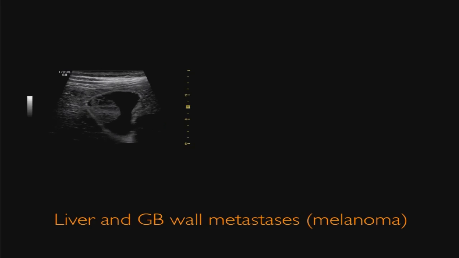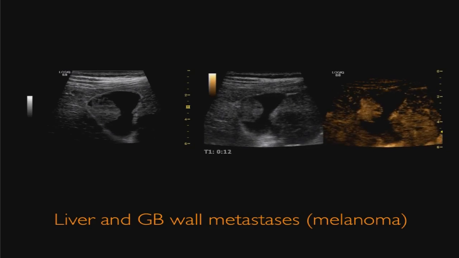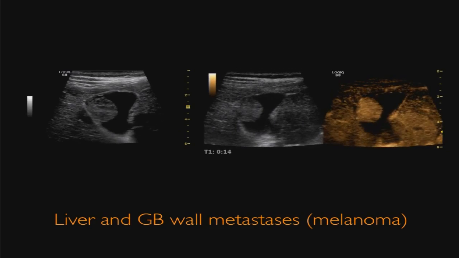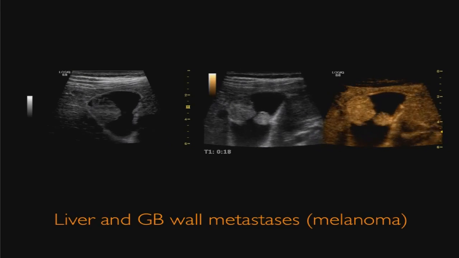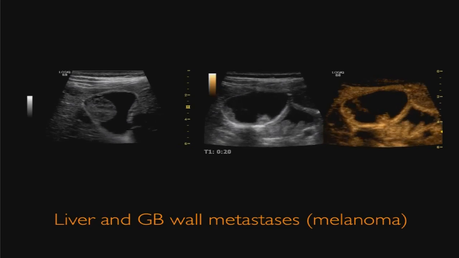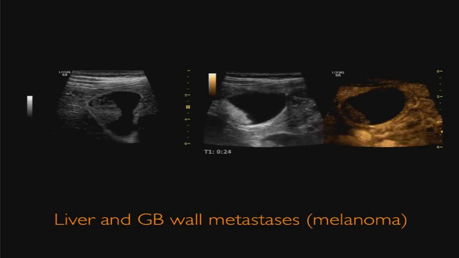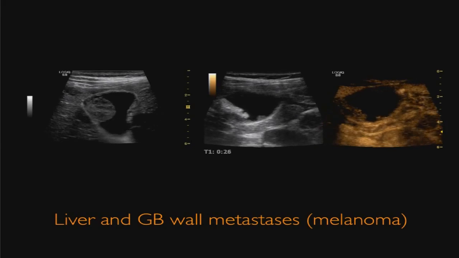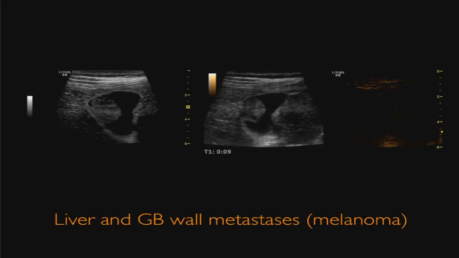If you look now at the contrast study, you can see the cystic artery, and you can see bubbles running from the cystic artery into the tumor. This is a metastasis, like a liver metastasis. Of course, all these patients have advanced disease, and you can see tumor, tumor, this is sludge. Here's sludge. But you can differentiate between sludge and tumor. This patient had 5 metastases in the gallbladder.